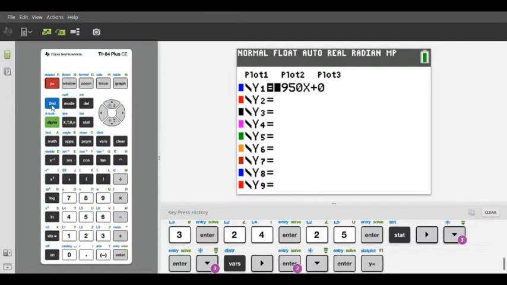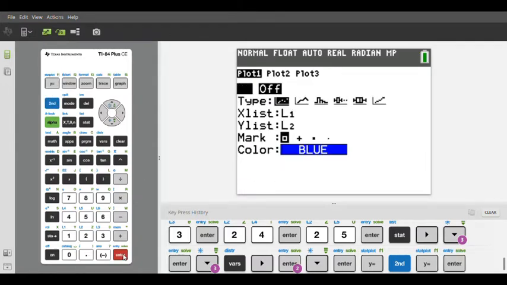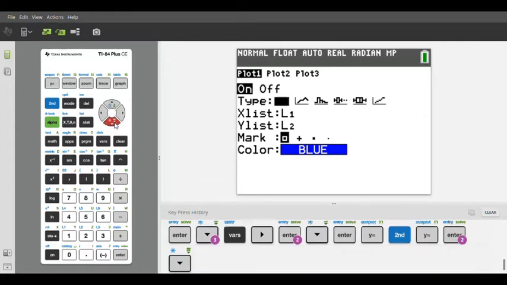So we'll go second, y equals, and we'll need to turn this first plot on. Make sure the very first one, which is the scatter plot, is selected. List 1 should be under X list, list 2 should be under Y list. You can change your marks to whatever you want. If you want it to look a little different, you can change your color. None of that really matters.